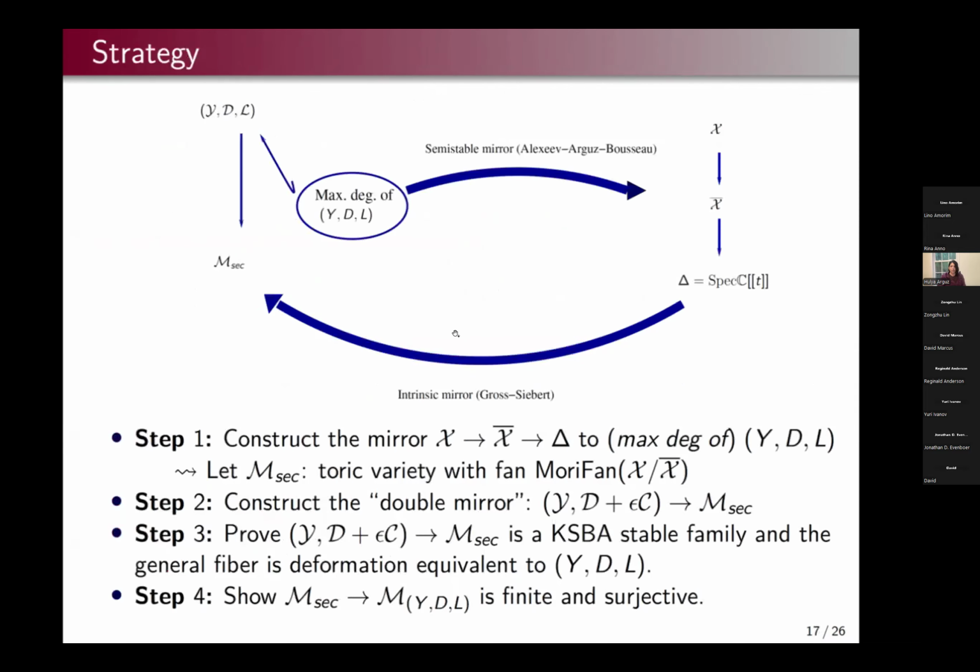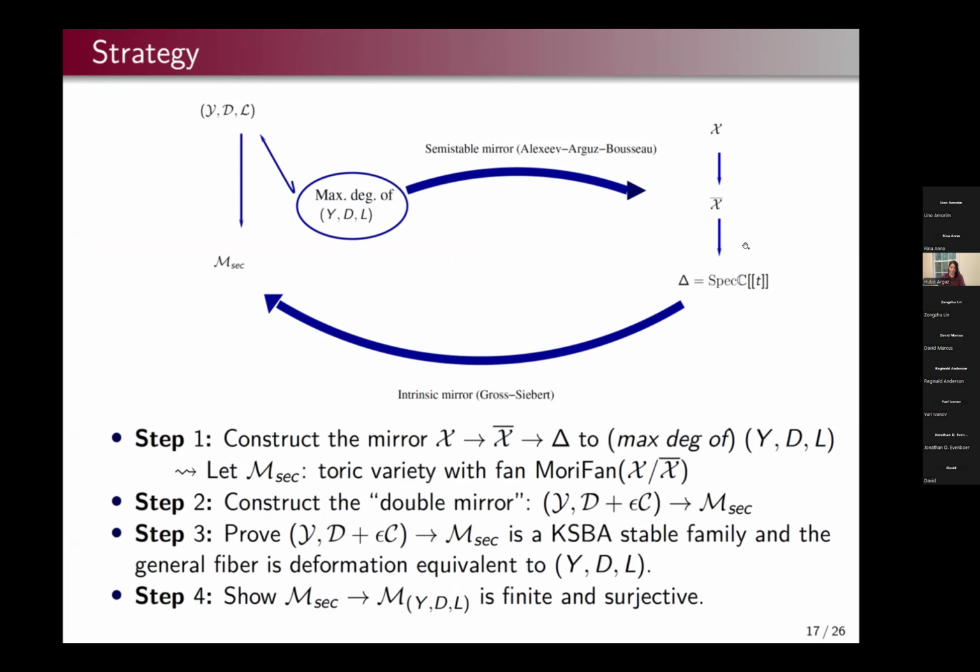So the proof goes via mirror symmetry. What we first do is, given a maximal degeneration of a local Calabi–Yau surface, we explain how to construct a mirror, called a semi-stable mirror, to such a surface. And then we show that we can obtain this semi-stable mirror construction as the crepant resolution of an affine threefold singularity.